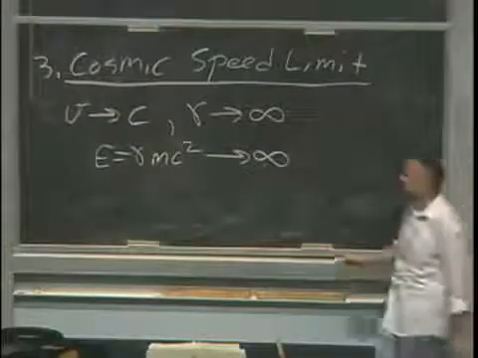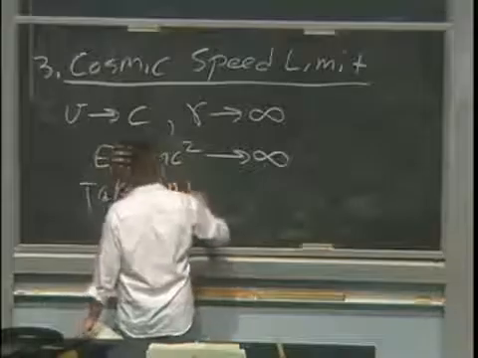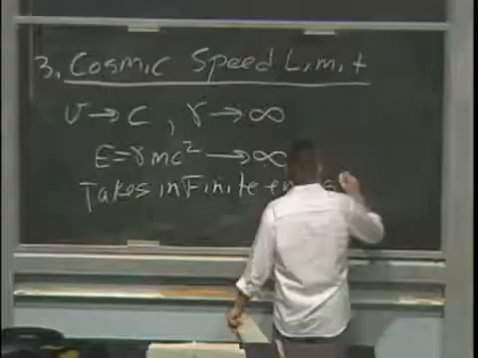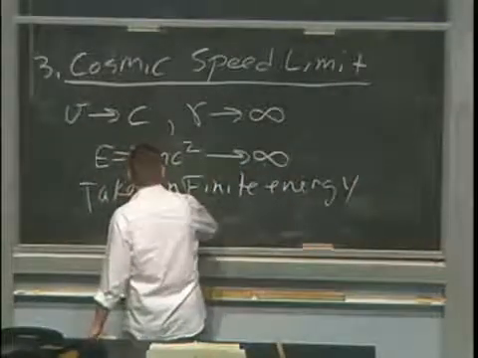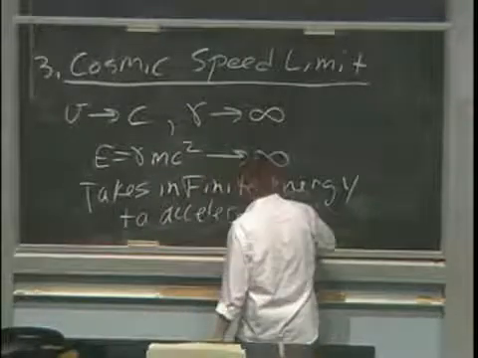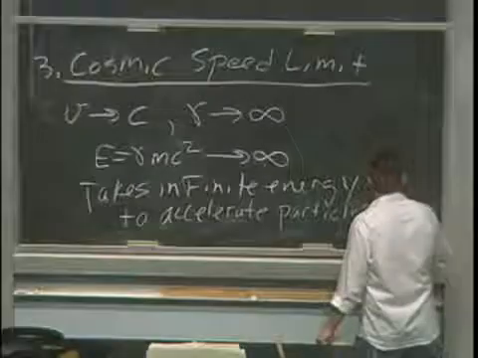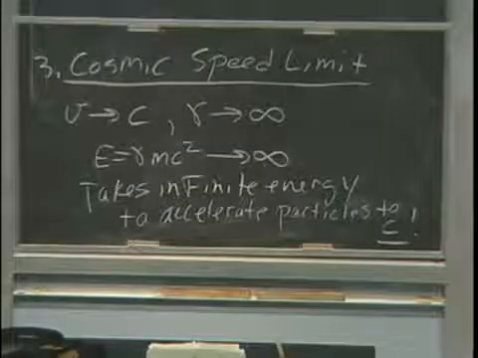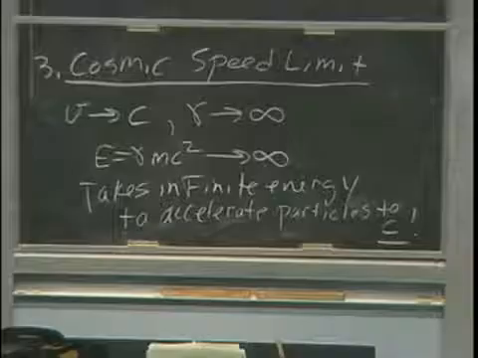So what this tells us physically is it takes infinite energy to accelerate a particle to the speed of light. That means it's impossible. We don't have an infinite amount of energy. So there's no way we can make something get to the speed of light.